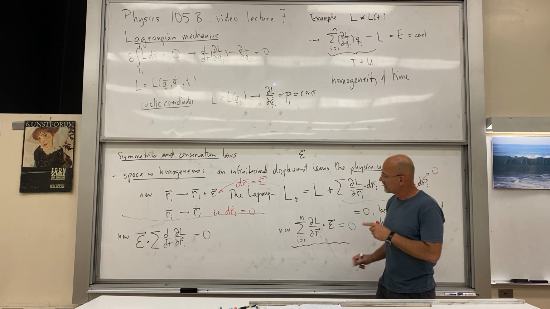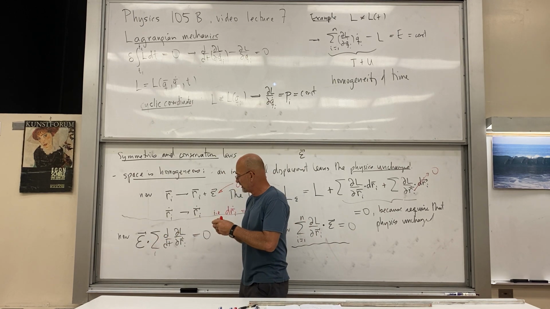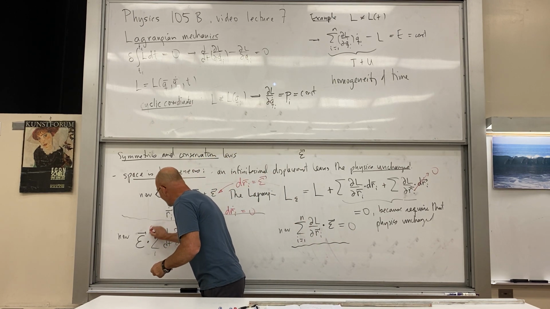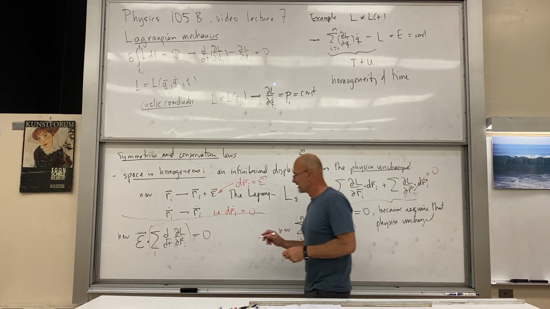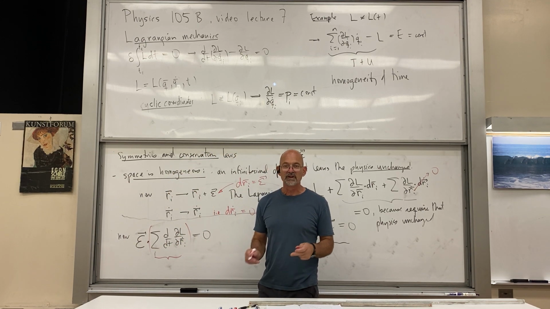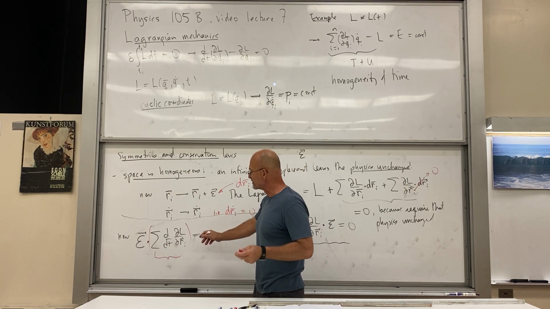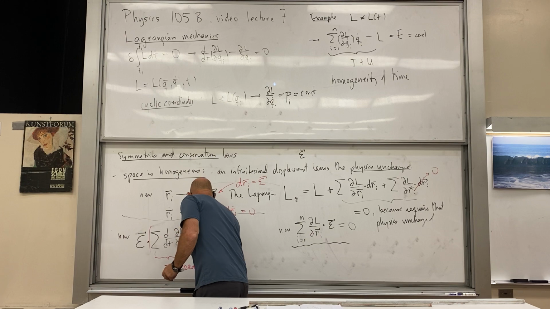The next thing, this epsilon is arbitrary, so what's in parentheses itself has to vanish. It's kind of like that fundamental theorem that we talked about in variational calculus, same type of argument, equals 0, because epsilon is arbitrary.